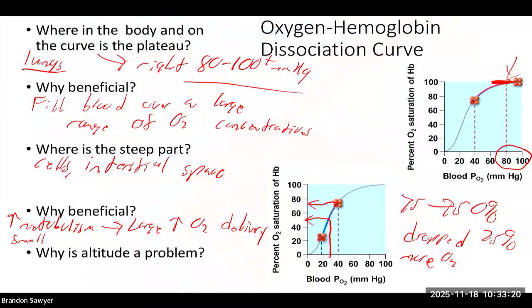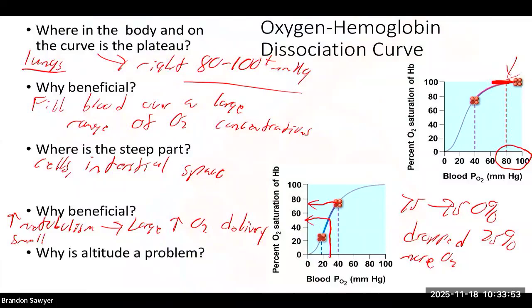We increase our metabolism enough to drop the amount of oxygen in the interstitial space, and that makes our red blood cells drop off a lot more oxygen, which is exactly what we need, because we need more oxygen if we're using up the oxygen. So that helps us a lot. Questions on that? That makes sense? I just said for a small increase in metabolism, we get a large increase in oxygen delivery.